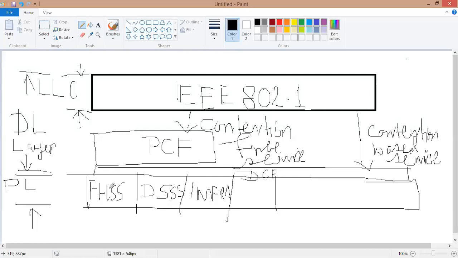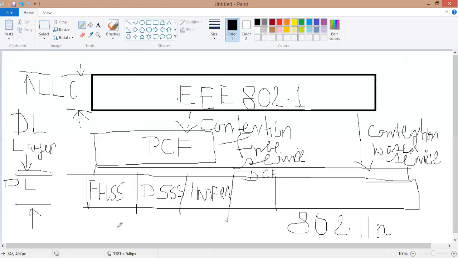It may be A, B, G, N, etc. Actually, N is used. I'm talking about IEEE 802.11 N. And this is used for MIMO applications. MIMO means multiple input, multiple output antenna application, advanced antenna applications.